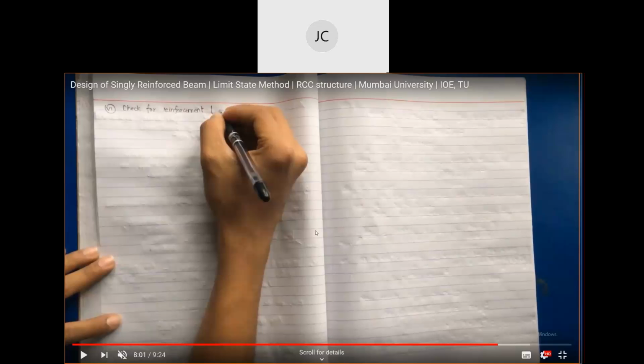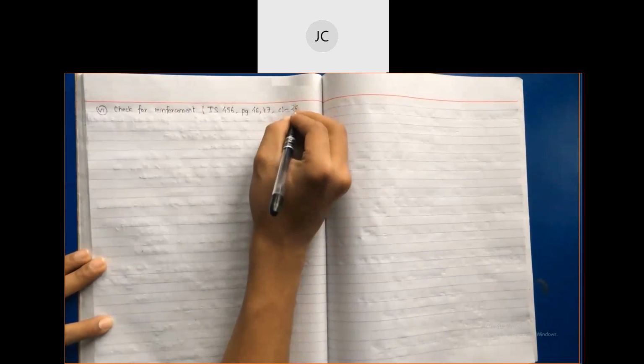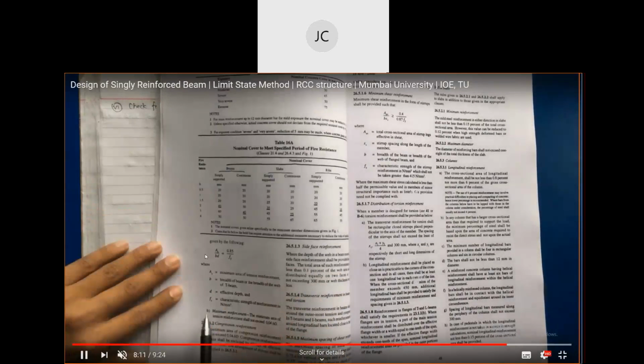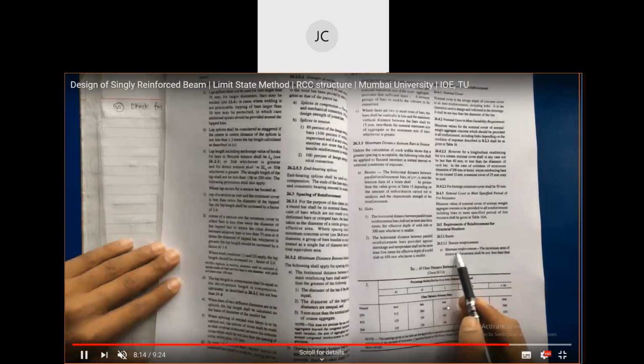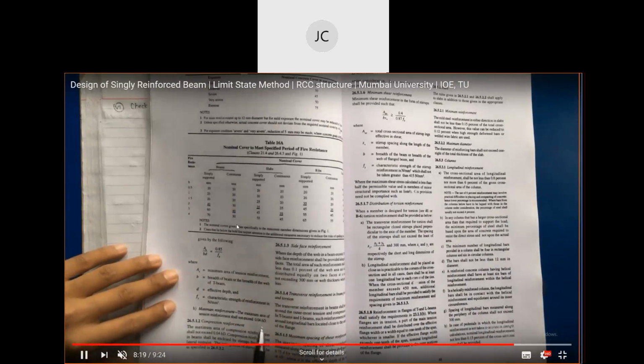The minimum amount of reinforcement is given by a formula. You will write everything here, page number 46, 47, clause number 26.5, tension reinforcement. This is the formula by which we can find the minimum amount of reinforcement.